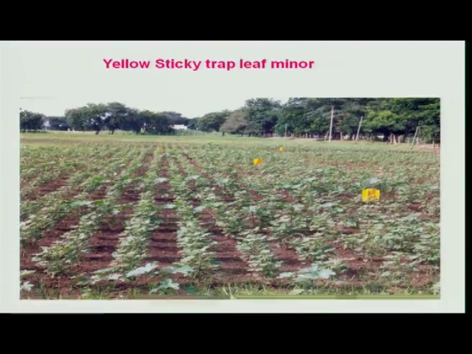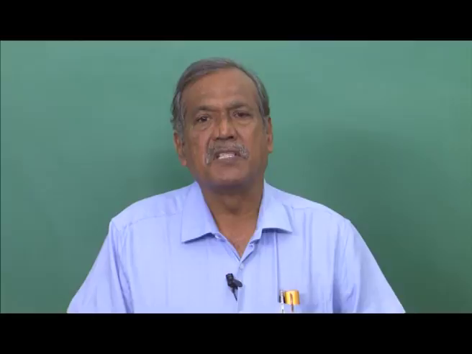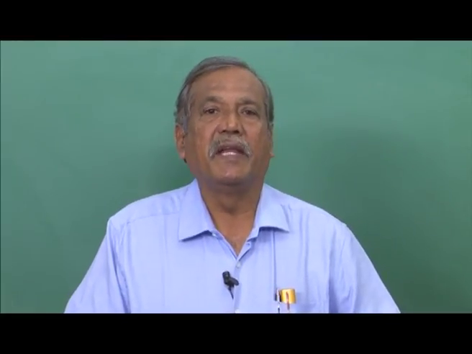I have here in this photograph, in the cotton ecosystem, particularly in the early stage of cotton growth, some yellow sticky traps. These traps can be of any design, not necessarily round or flat or square. Any design suitable to you, you can plan it, paint it with the yellow color and then smear it with any greasy substance. Simple castor oil can be used as a sticky material.